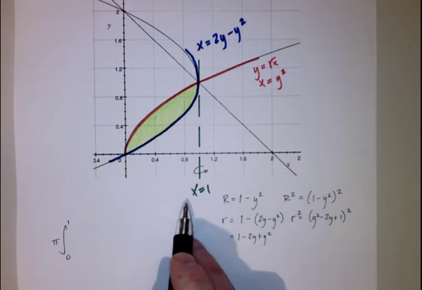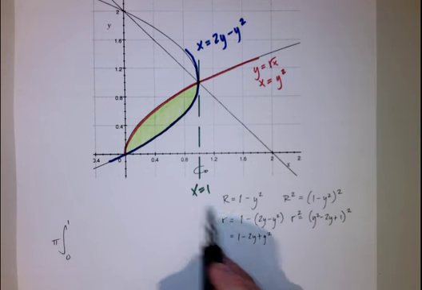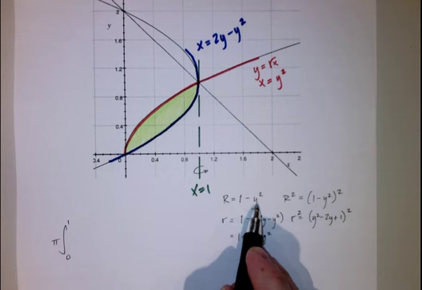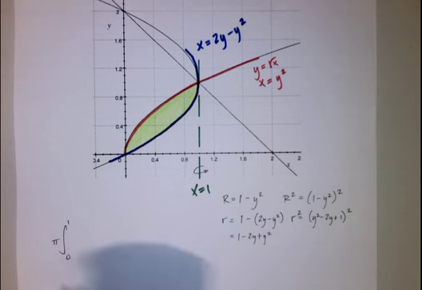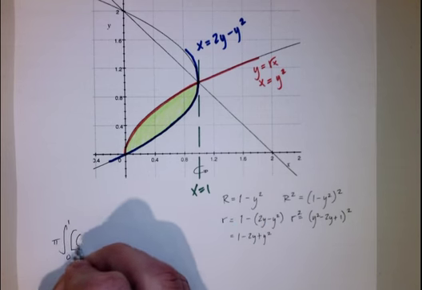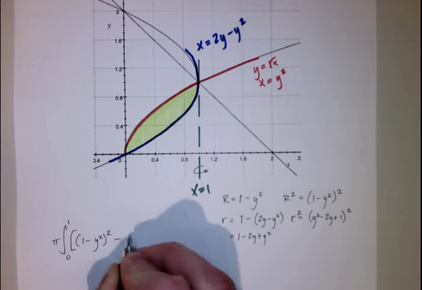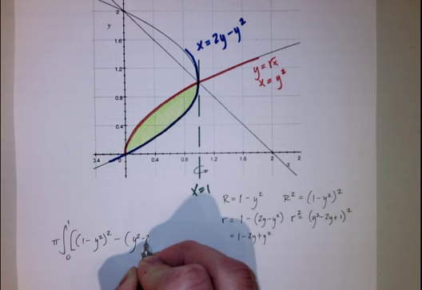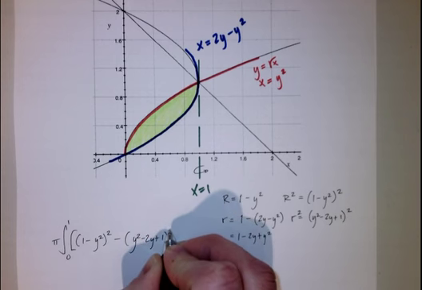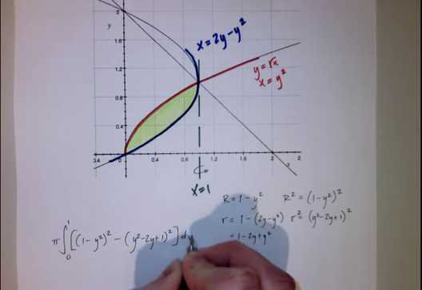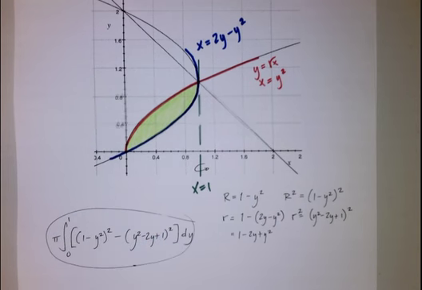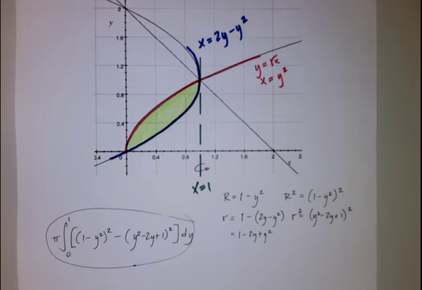They are both with respect to this right here, which is why they were axis minus equation. And so I have 1 minus y squared squared minus y squared minus 2y plus 1 squared dy, and that right there is going to be the integral that I use to find the volume of that revolution.